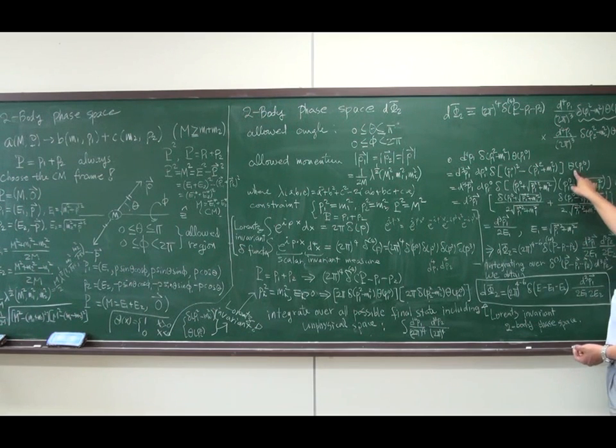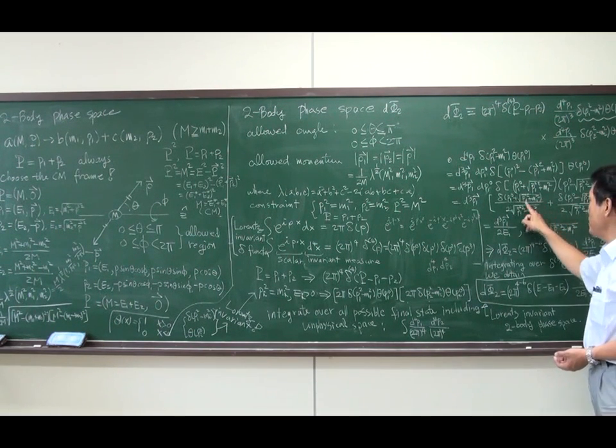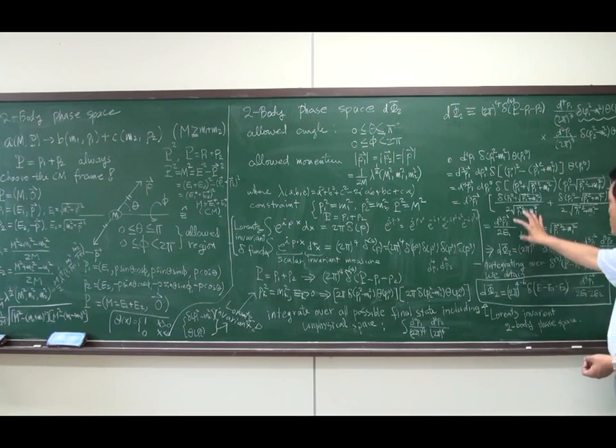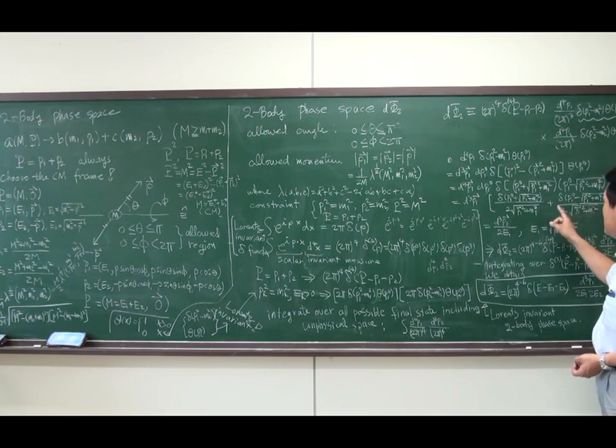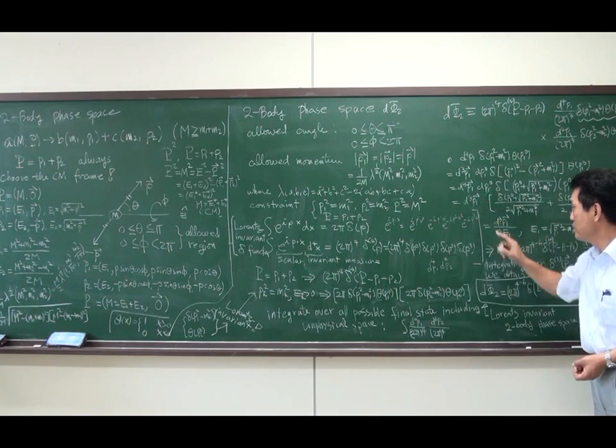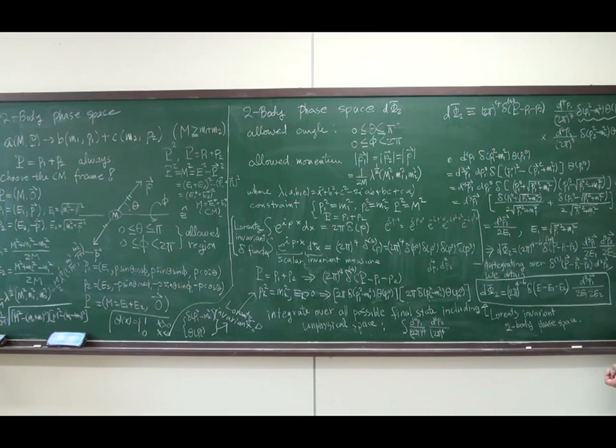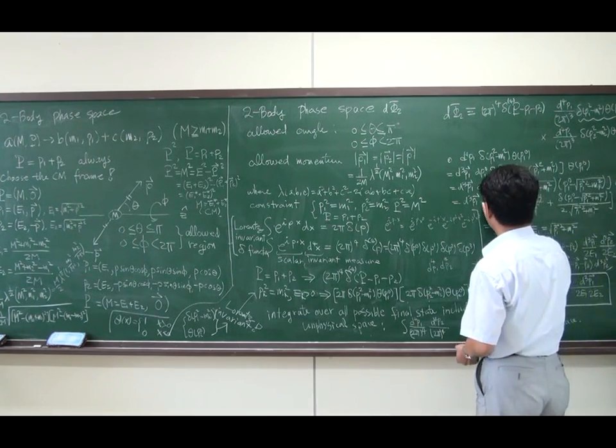Now we can integrate out this P10 by using the theta function. This theta function requires that P10 is positive, because if it is negative, the theta function is always vanishing. So only this one survives. As a result, it is simplified as the three-dimensional spatial integral for the momentum, and P10 is integrated out.